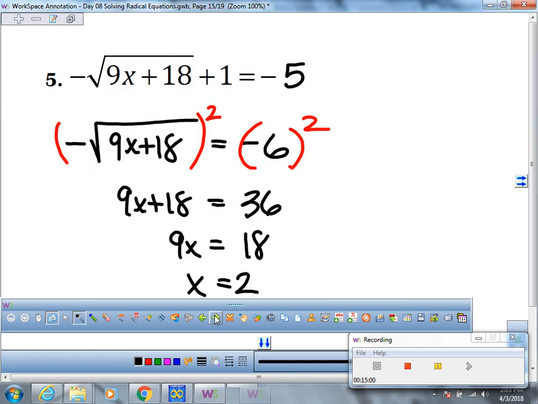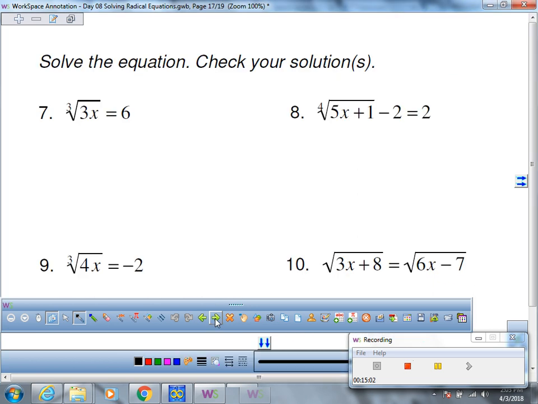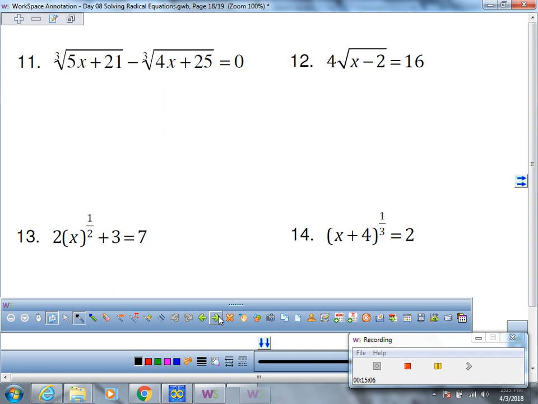All right, on the back side, that's probably the one that's going to look the hardest to you. But before you cube both sides, what should you do? Right now, if I do this, it's cubing this by this by this.